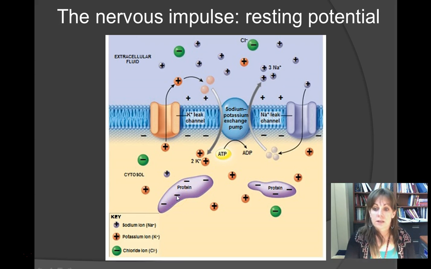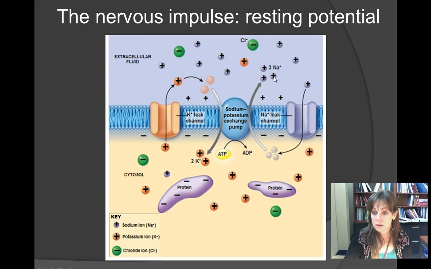To understand a neuron at rest, we need to understand where all of these parts are located relative to the membrane. So first let's start with sodium. You may notice you've got one sodium here, but most of the sodium is on the outside of the cell.